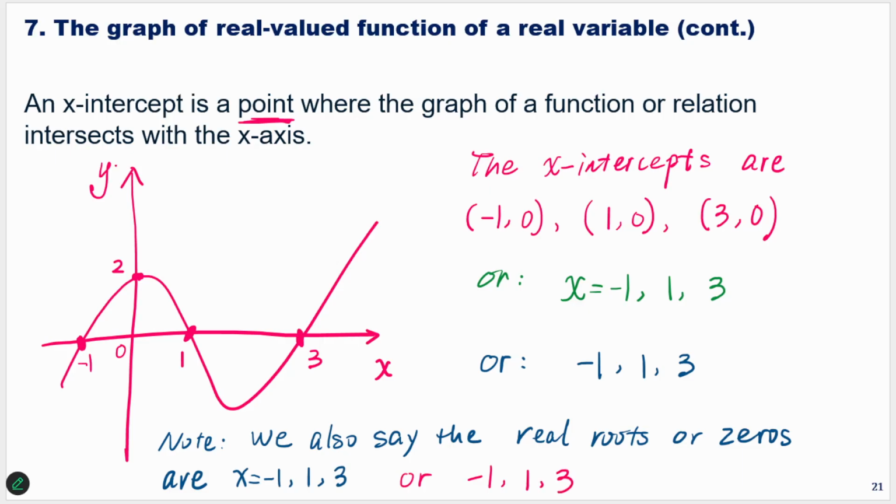These numbers are also the real roots or zeros of that function. Be sure you know these notations as well, okay?